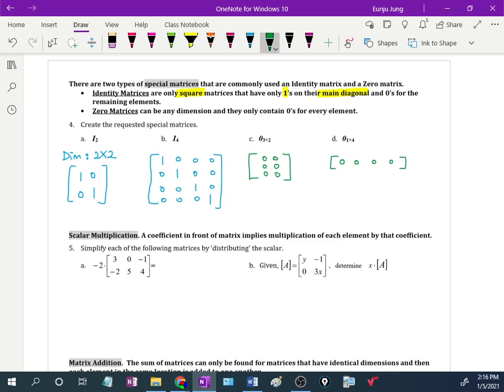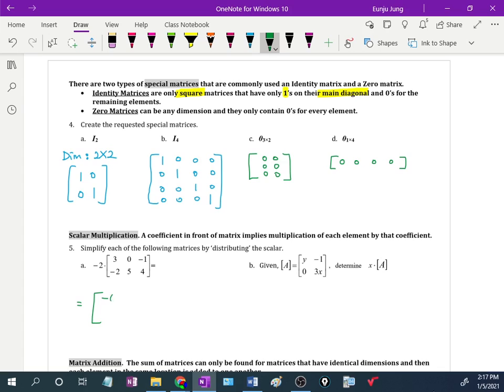Question number 5. Simplify each of the following matrices by distributing the scalar. So this is the scalar and we are multiplying it. So you can just think simply, oh, distributive property, that works, okay? So let's multiply -2, same scalar for every element.